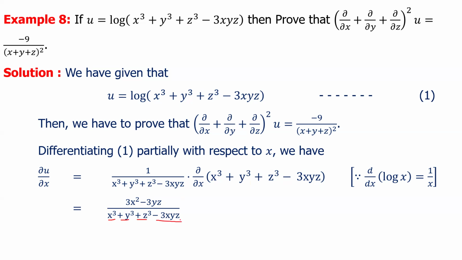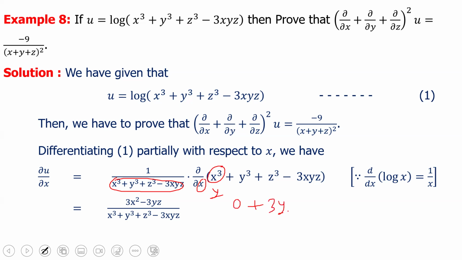Similarly, if we try to find the partial derivative of u with respect to y, what will happen? This will be 1 upon, the same thing we had, x cube plus y cube plus z cube minus 3xyz. And instead of x, it will become y. So the derivative of x cube with respect to y is 0. This is 3y square plus 0 minus 3xz.